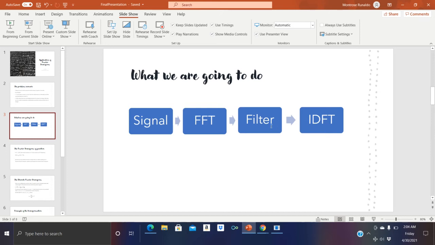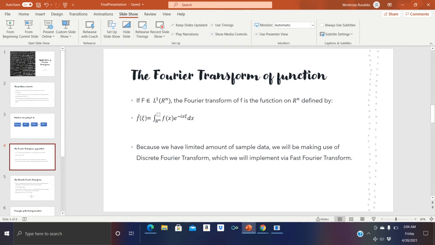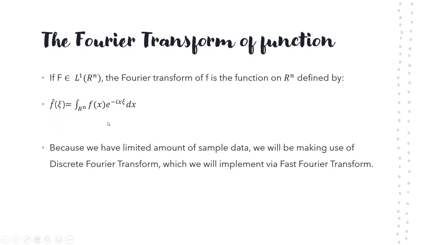So let's go ahead and see what these are. First, let's talk about the Fourier transform. Given the function f, the Fourier transform of that function is given by the integral of f of x times e to the minus i x xi dx, right?